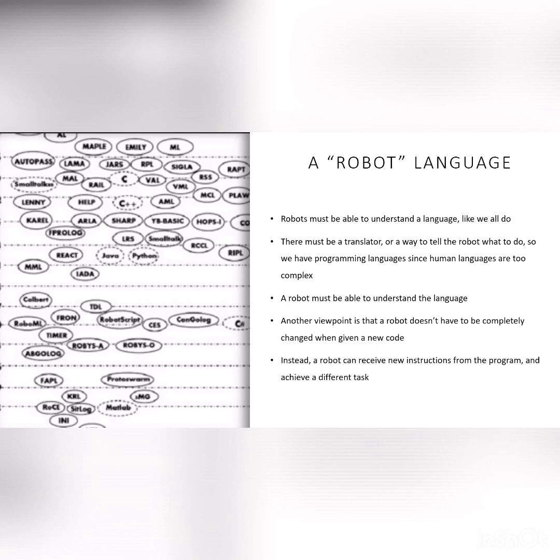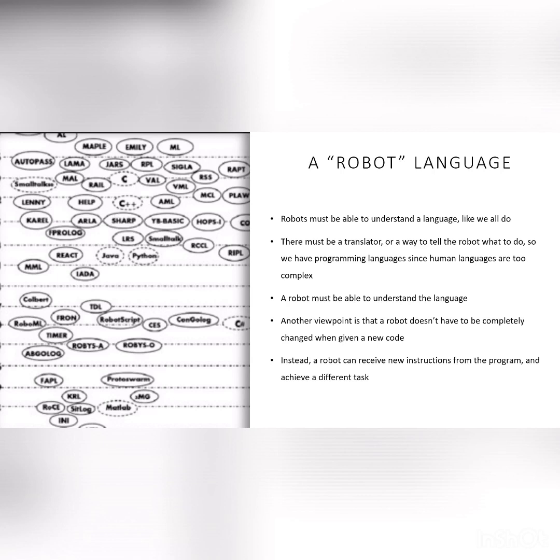Another viewpoint is that a robot doesn't have to be completely changed when given a new code. Instead, a robot can receive new instructions from the program and achieve a different task. So what this means is that, for example, in an assembly, if a machine is picking up certain items and stacking them on top of each other, and you want to change it so that it stacks them a different way, you can't change the code because it's based off the robot's ability to do.